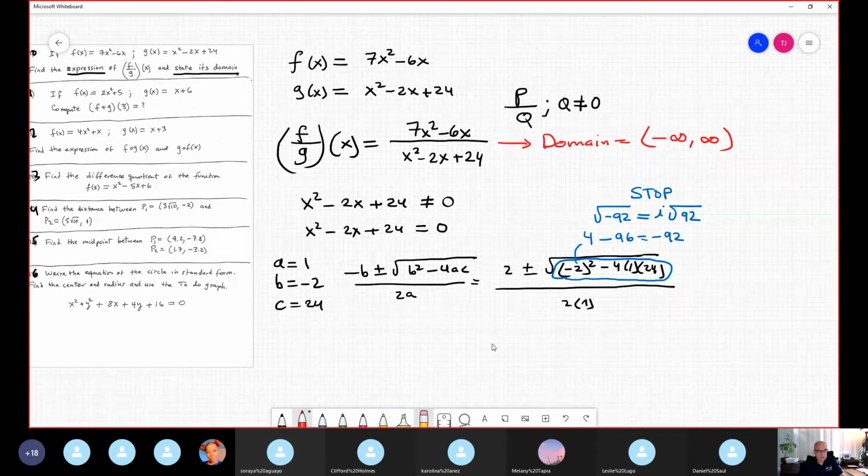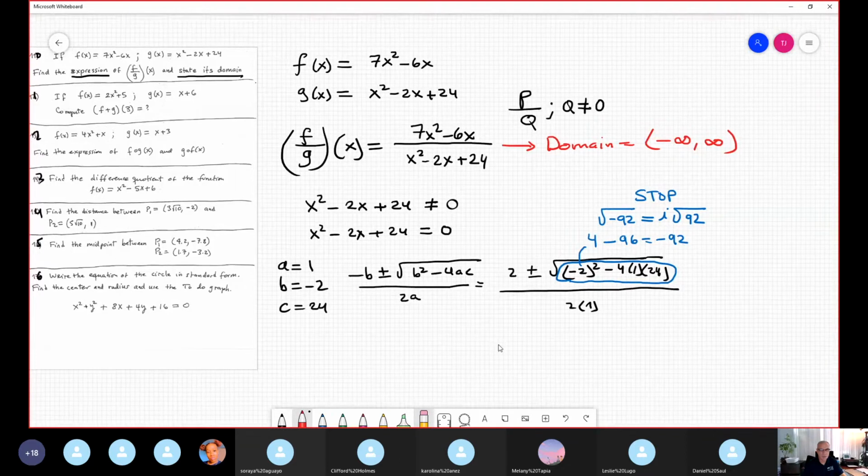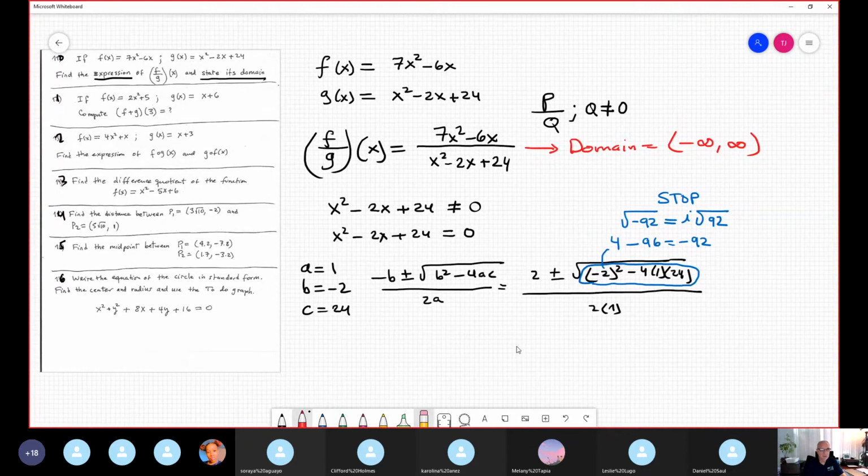Okay? Is this clear or confusing? Come on, guys, this is the moment to ask me any question. So it's all numbers because when you did the quadratic formula you got the imaginary. Absolutely. Okay, look at that, this is all real numbers, this circle from negative infinity to positive infinity.